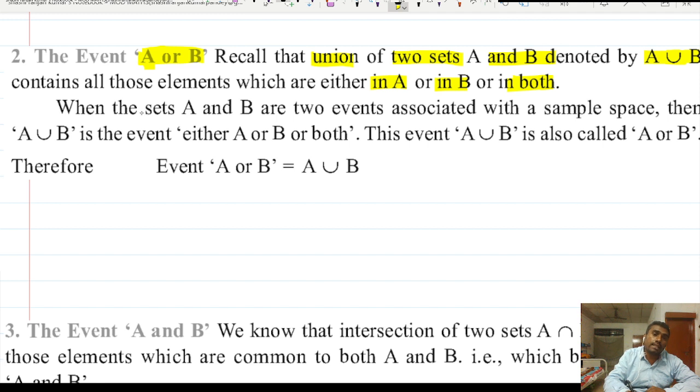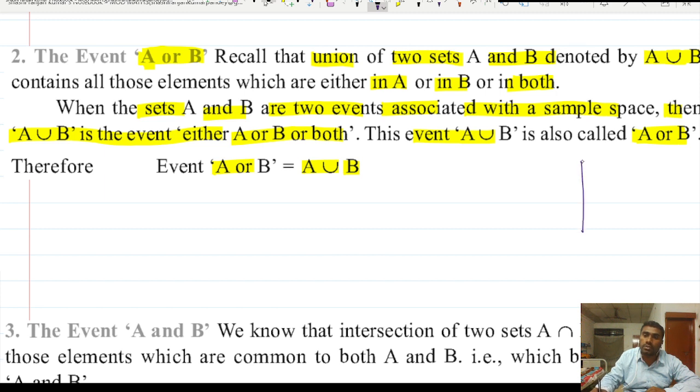So when the sets A and B are two events associated with the sample space, then A union B is the event either A or B or both. So the event A union B is also called A or B. Let me show you using the Venn diagram.